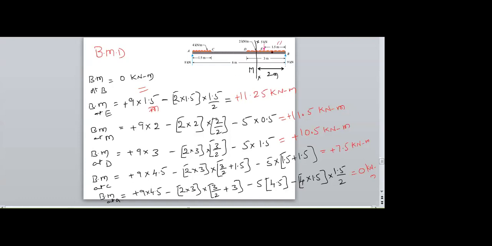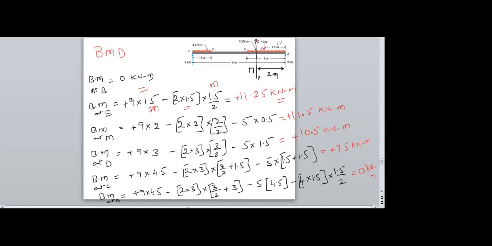And the UDL length here is 1.5, so 2 into 1.5. And next, the distance of the UDL from E is 1.5 divided by 2. So I am getting this value.